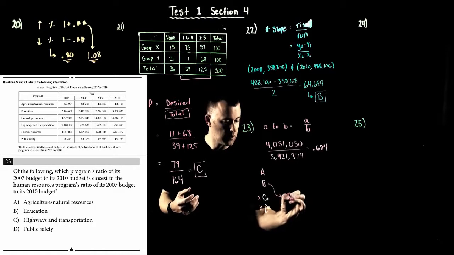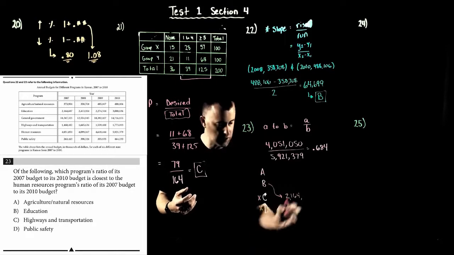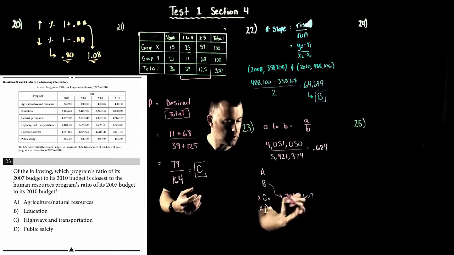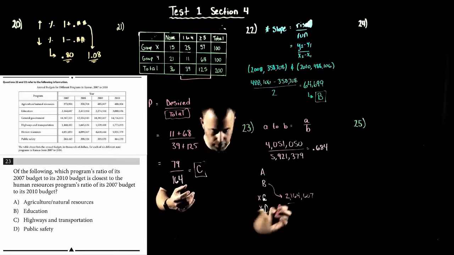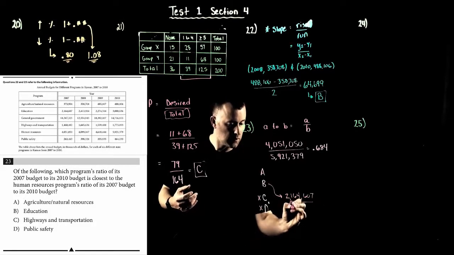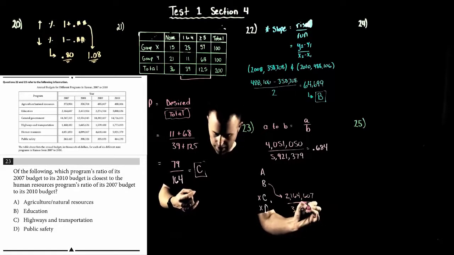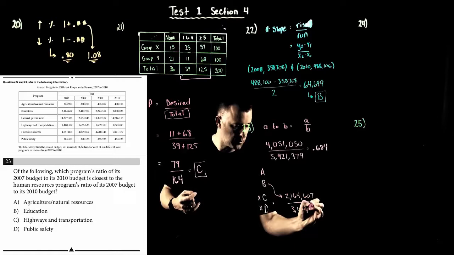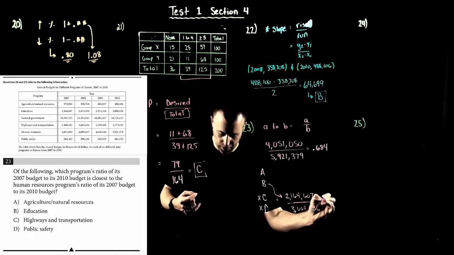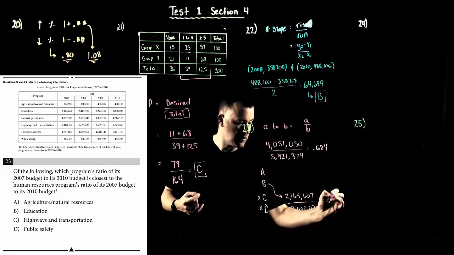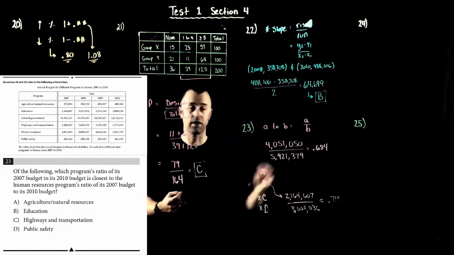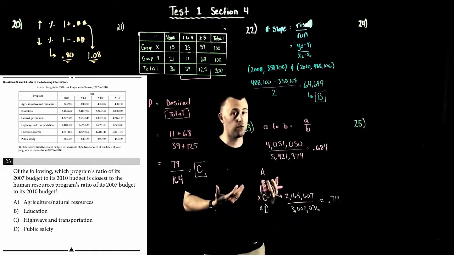This is 2,164,000 for answer choice B, 607, divided by 3 million. We have 0.008036. Now this is going to give you approximately 0.719, not exactly 0.684, but awfully close.